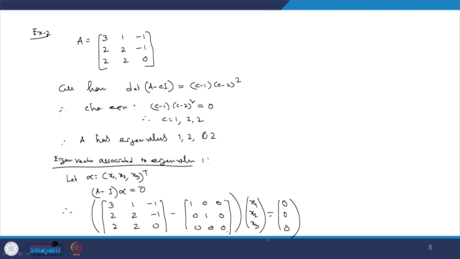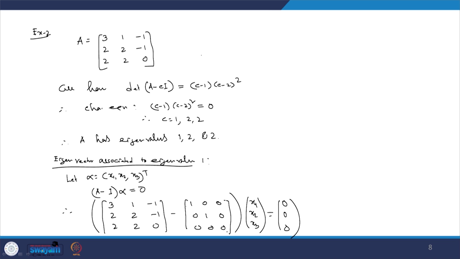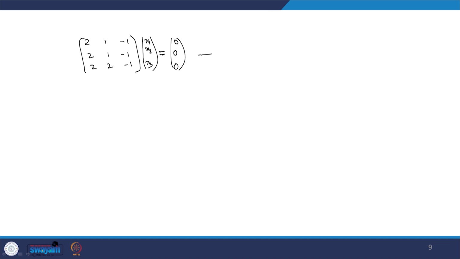So, I have to solve this system basically. This means that I have to solve (A minus I) times (x1, x2, x3) equal to (0, 0, 0), where A minus I is the matrix [2 1 -1; 2 1 -1; 2 2 -1].